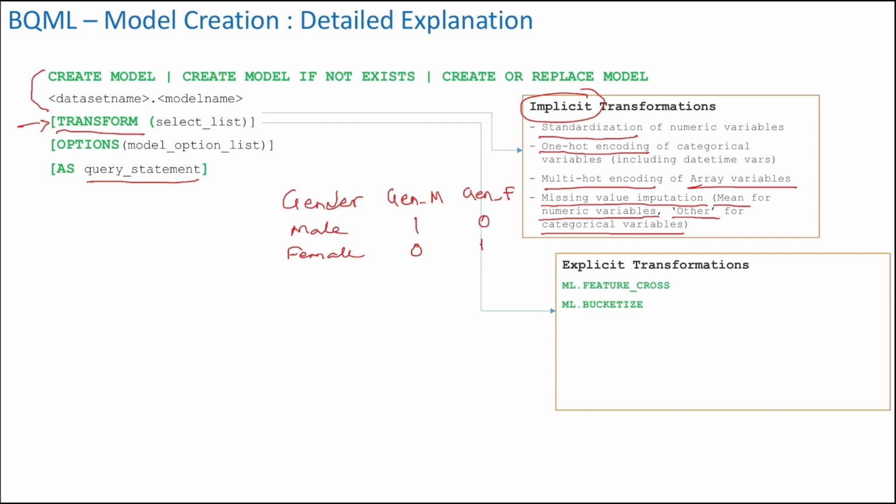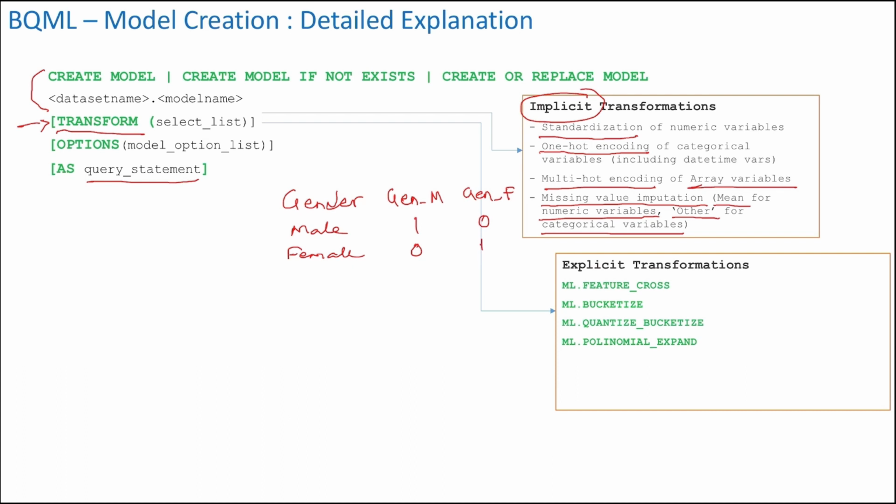That is where bucketize comes into play. You can provide your own cutoffs, let's say between 0 to 25, 25 to 50, 50 to 75 likewise. Then another version of bucketize is quantile bucketize, where instead of providing specific cutoffs, you can ask BigQuery to bucketize it based on the quantiles. So that is where quantile bucketize comes into play.